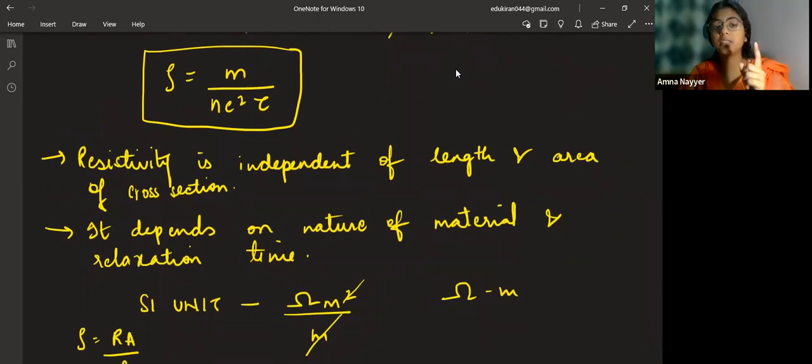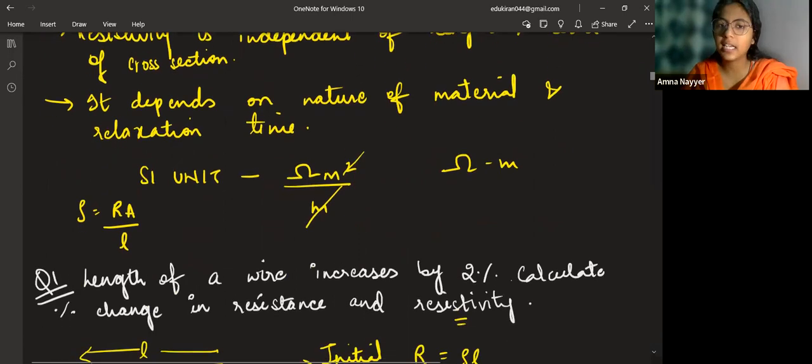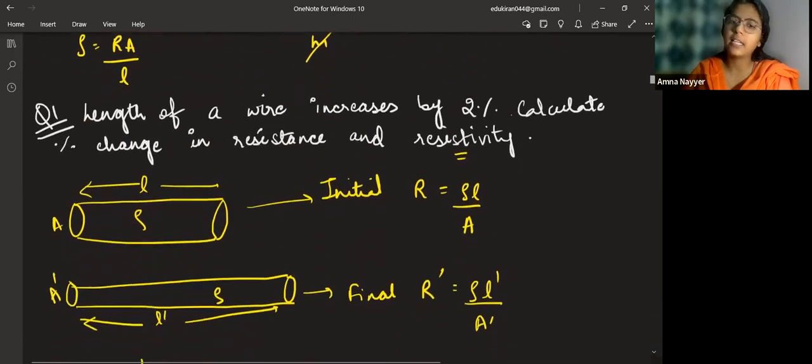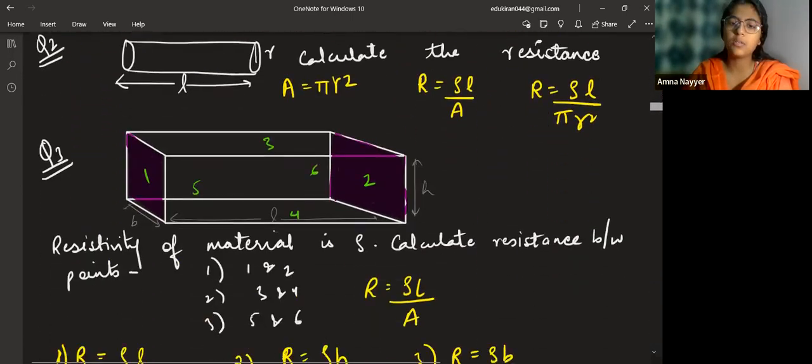But one more thing regarding resistivity is that it is independent of length and cross-sectional area. Resistance depends upon length, area, nature of material, and temperature. But resistivity does not depend on length and area. Then there's a difference in the SI unit: ohm meter for resistivity, and the SI unit of resistance is simply ohms.